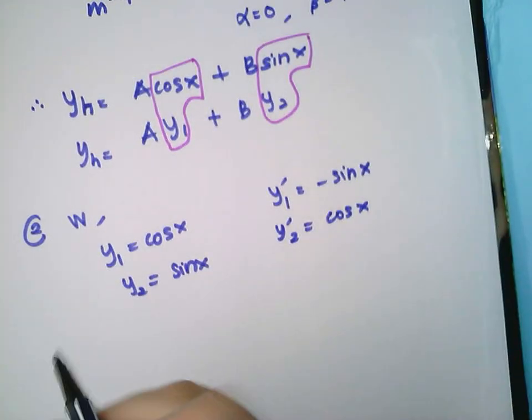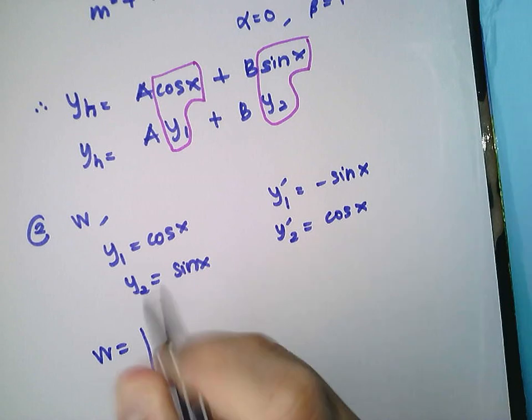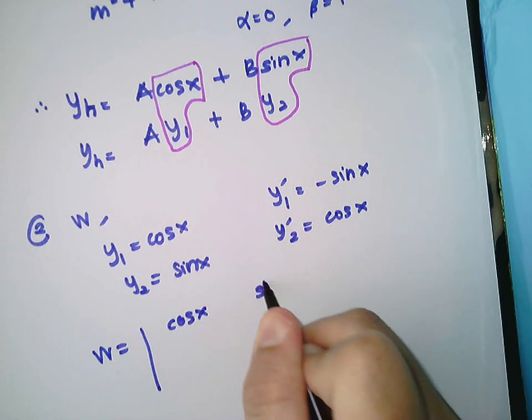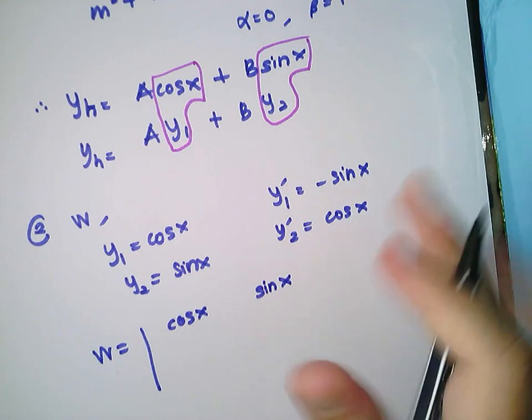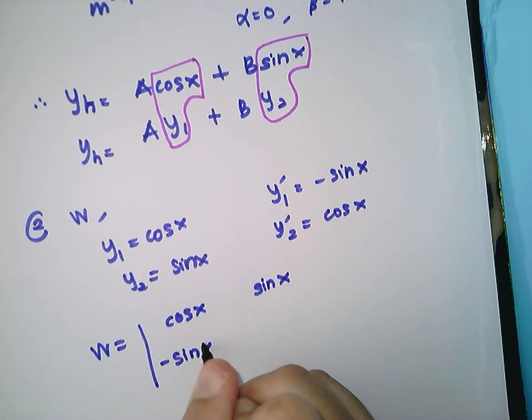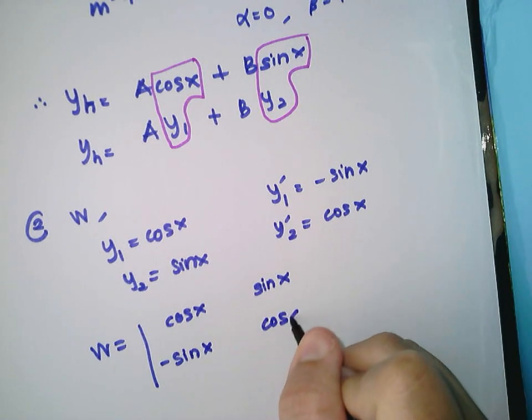So therefore your w is equals to the determinant of y1 y2, cos x sin x, y prime 1 y prime 2, negative sin x cos x.